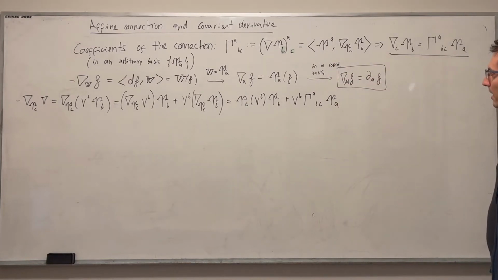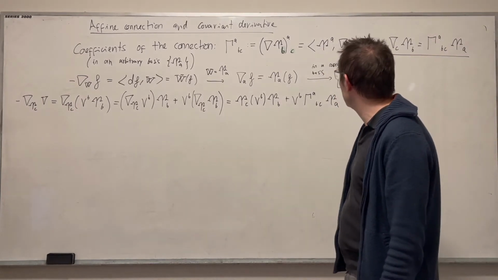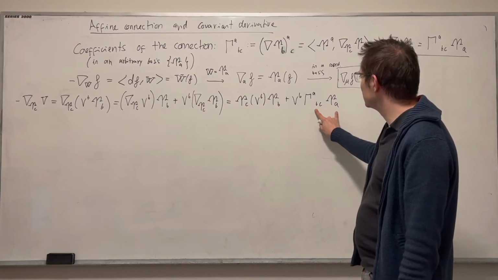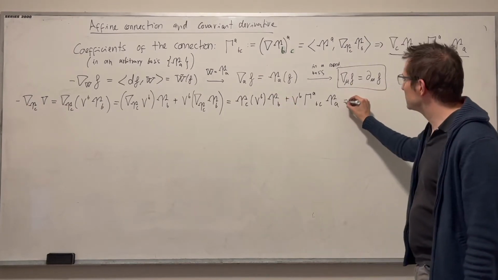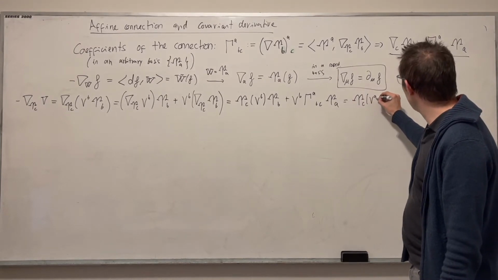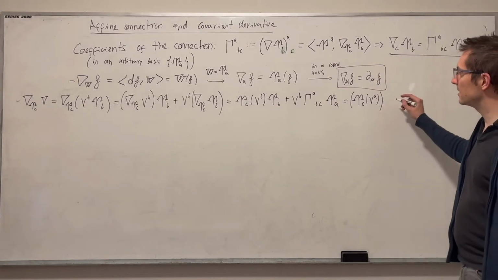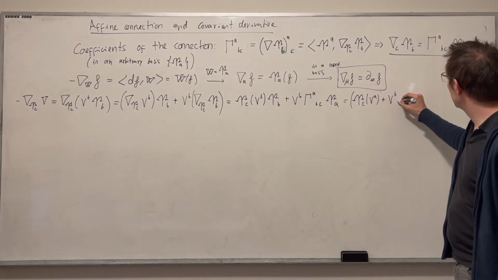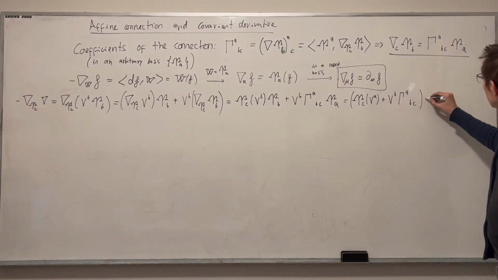Now all that I have to do is change the components because I want to have a common factor epsilon b, or perhaps here. So maybe what I should do here is call this one a, all right? And then I get the common factor epsilon c acting on v^a, and then plus v^b gamma^a_bc contracted with epsilon a.